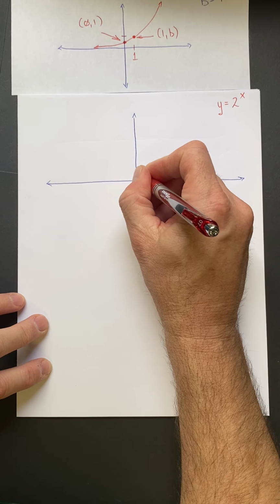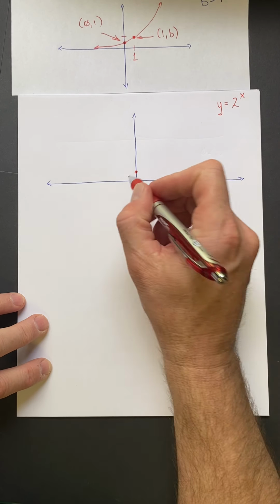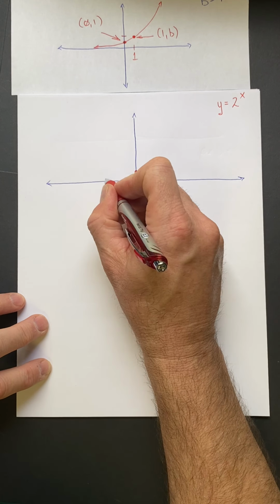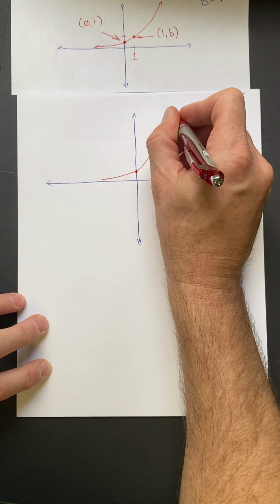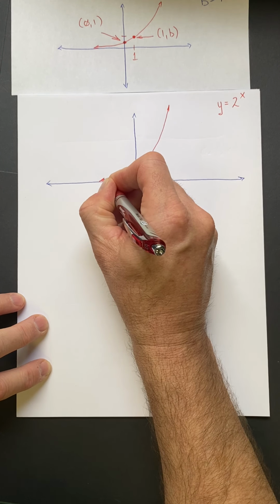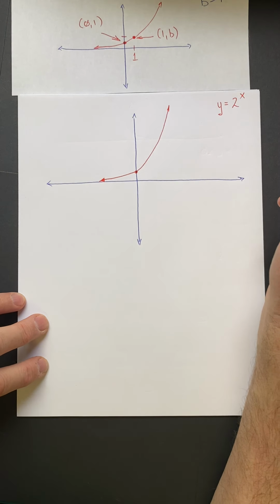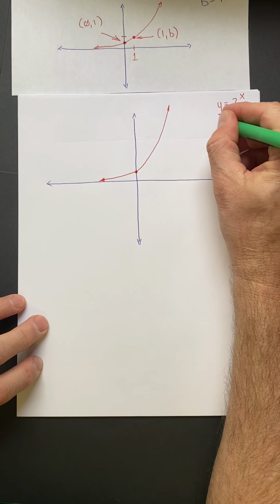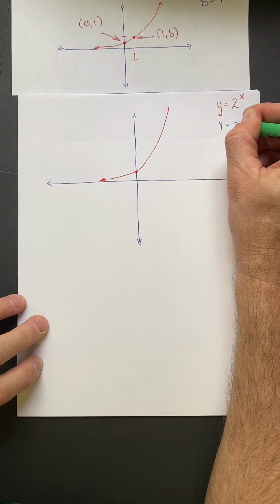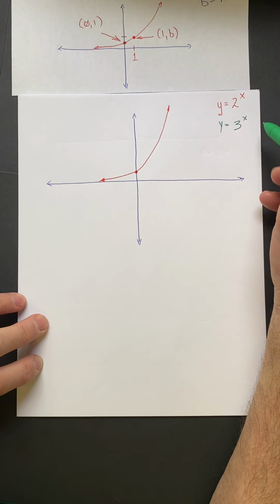I know it's going to go through this point right here, and I'm just estimating here. If I had y = 3^x, now let's think about that.